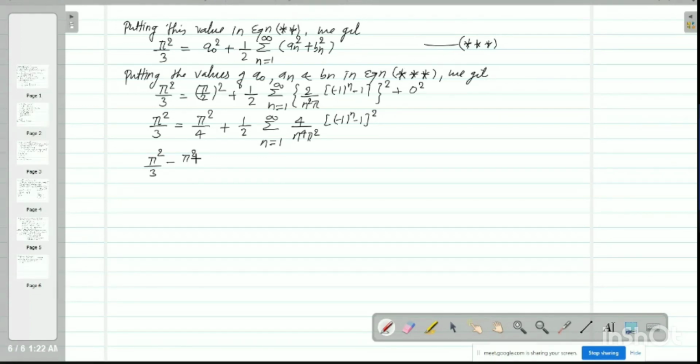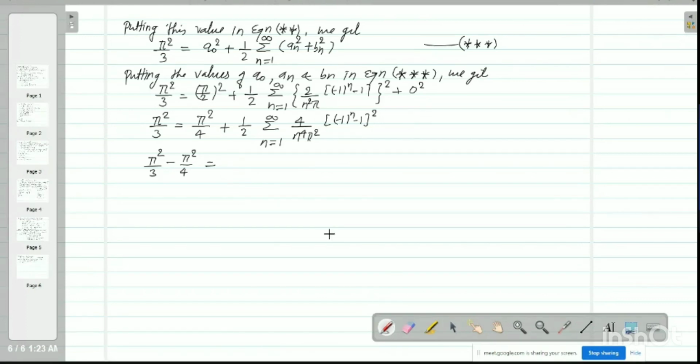So this is equal to pi square by 3 minus pi square by 4, shifting it to that side, and this is equal to 1 by 2. Just run this series. The 4 comes outside, so 4 by pi square I'm taking outside.